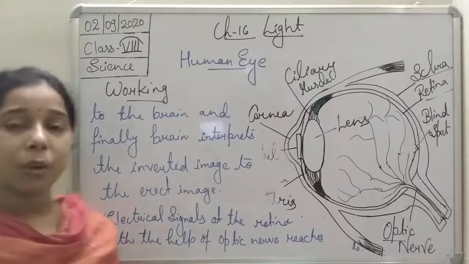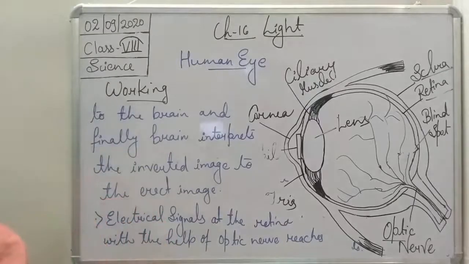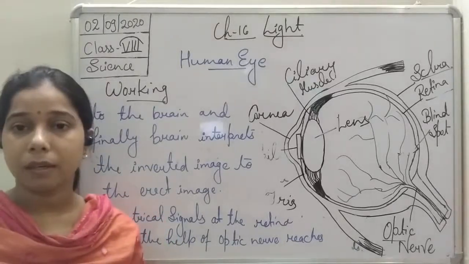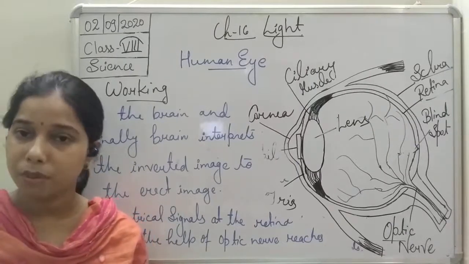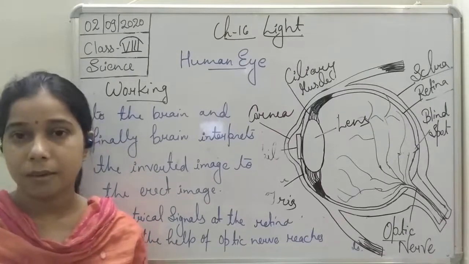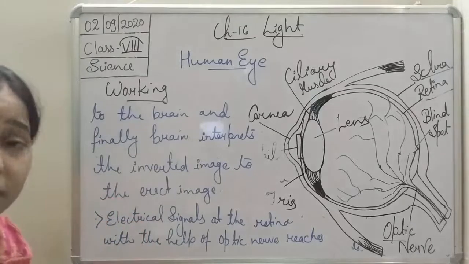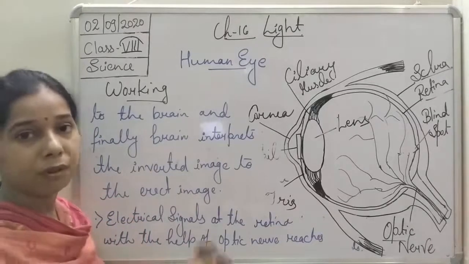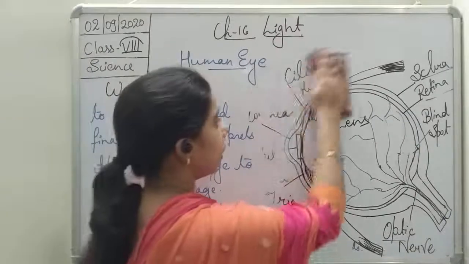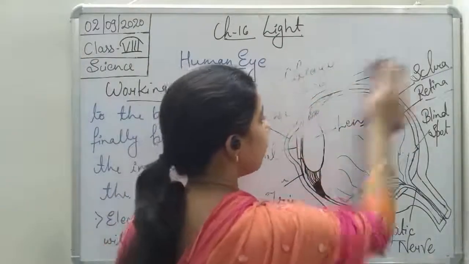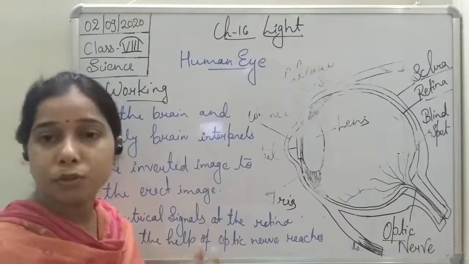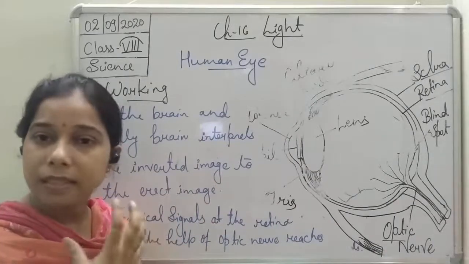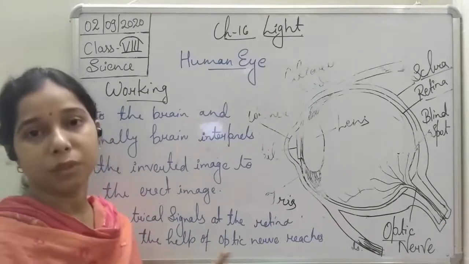So whenever the question is asked, students, why are we able to see the object as an erect image and not as an inverted image, when the convex lens of the eye forms a real and inverted image?